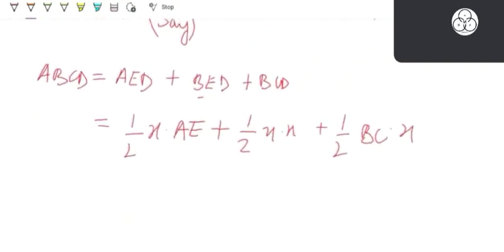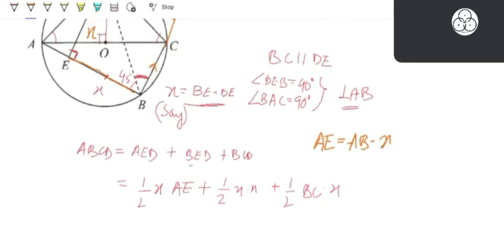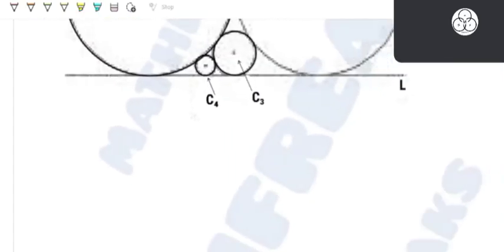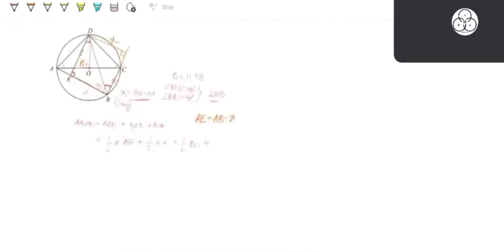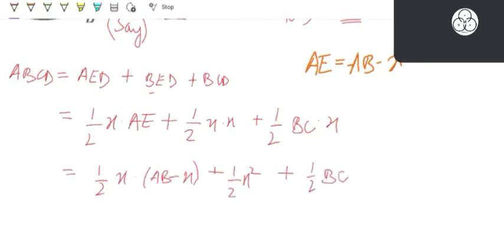Right? Now what can we write AE as? AE can be written as AB minus X. So we can write half X into AB minus X plus half X square plus half BC into X, right?